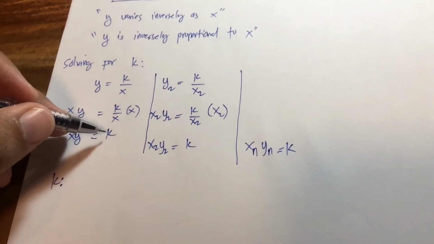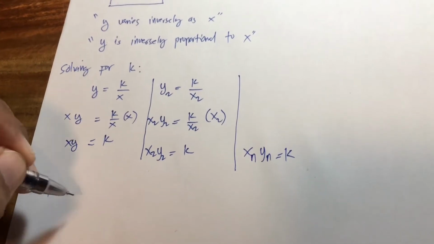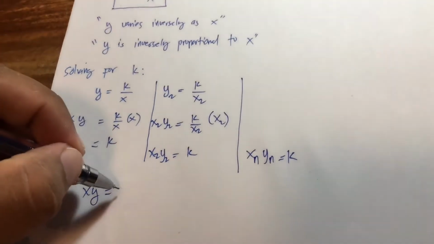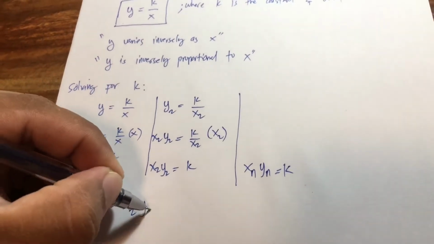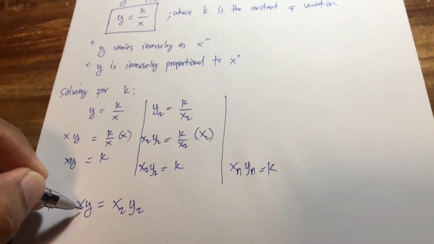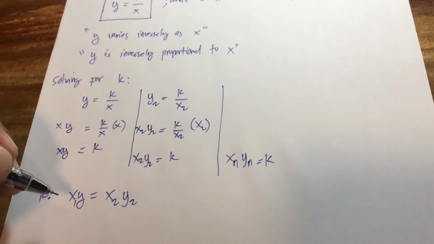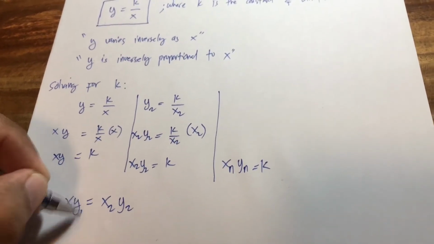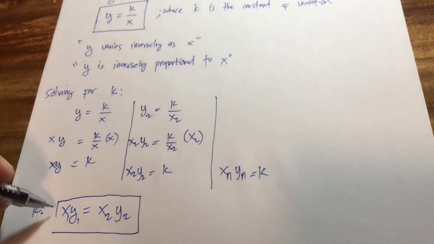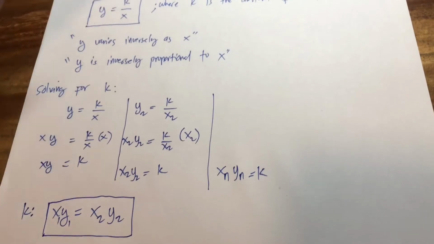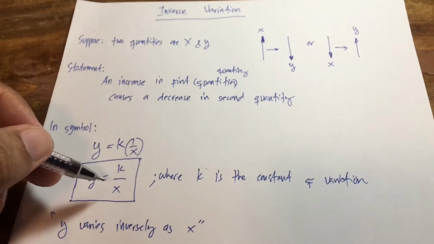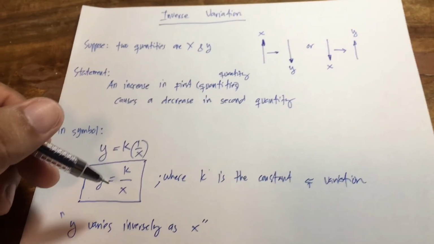This is k equals xy, then another k is x subscript 2 times y subscript 2. Or to make it particular, this is our first pair, x subscript 1 and y subscript 1. Also, this model can be used aside from y equals k over x. It can be used to get the desired value of a particular quantity.